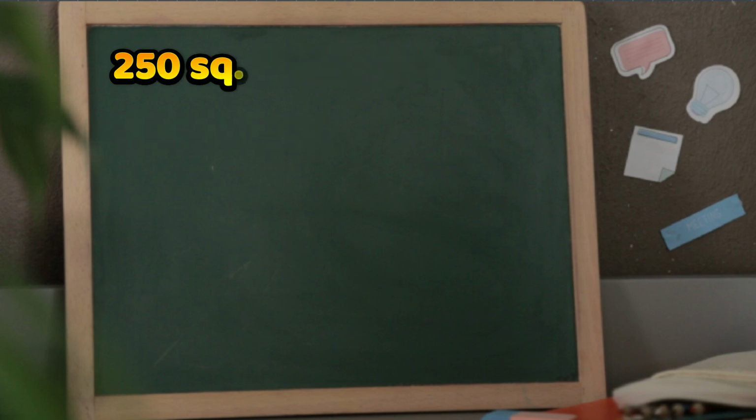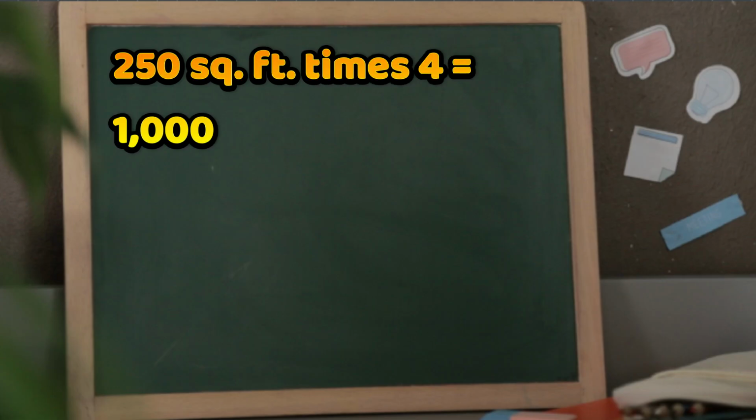In this case, 250 times 4 would equal 1,000 square feet. So if I took 250 and added it 4 times, 250 plus 250 plus 250 plus 250, we come up with that 1,000 square feet. But obviously in our minds we can figure this out. 250 times 4 equals that 1,000 square feet.